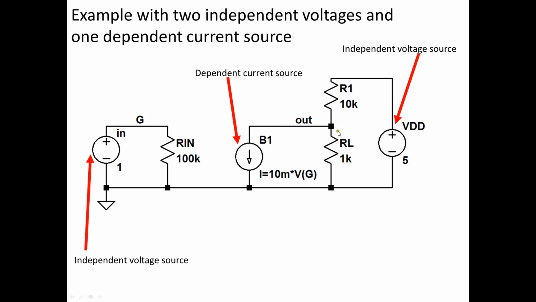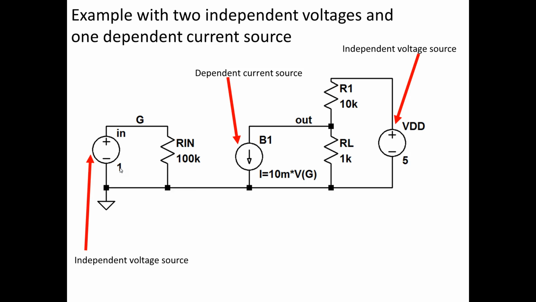And I have Vout across RL, and I have this dependent current source, 10 milli Siemens times VG. So whatever VG is here, this current is 10 milli times that VG. And so this is independent too. And in time we'll see that this 1 volt can become a time varying signal.